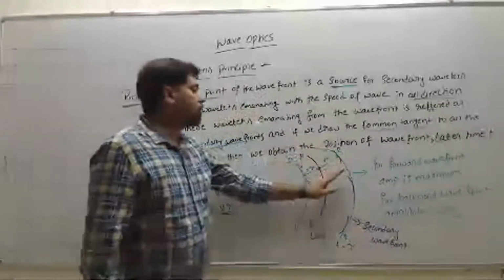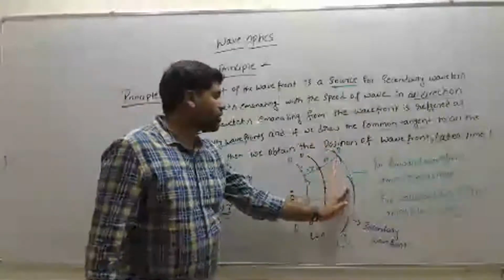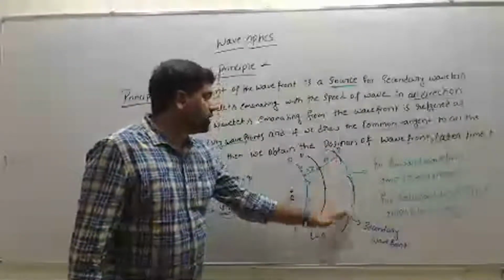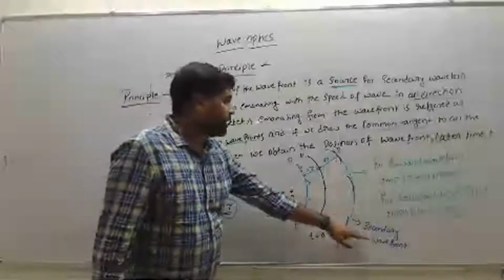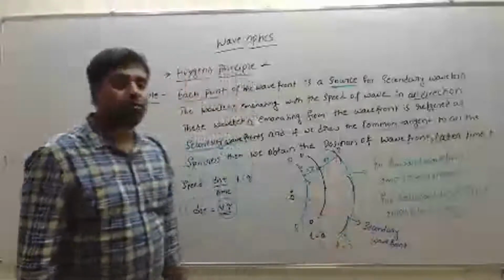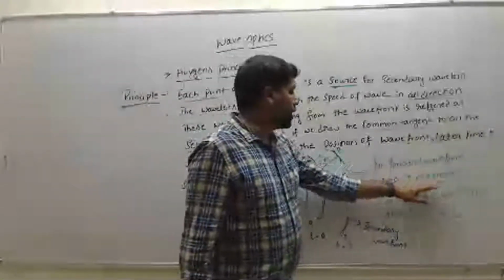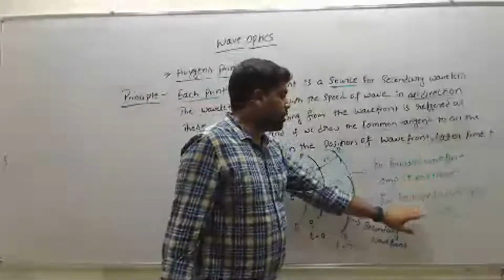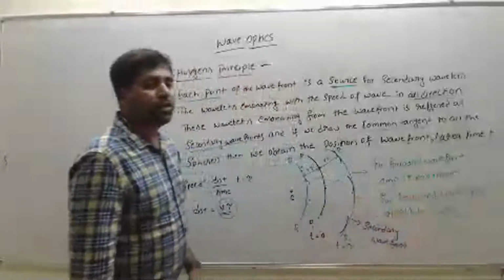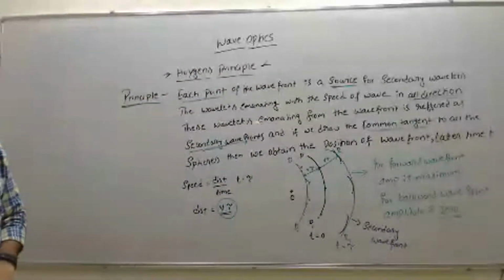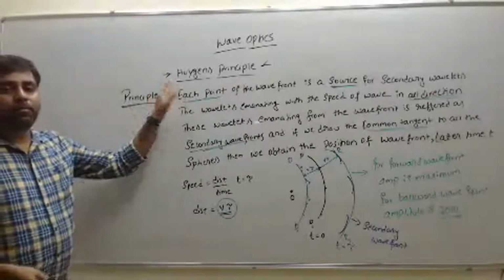If we draw a common tangent to these spheres, then we get the secondary wavefront. And one more point: for the forward wavefront the amplitude is maximum, and for the backward wavefront the amplitude is 0. So this is about the Huygens principle.